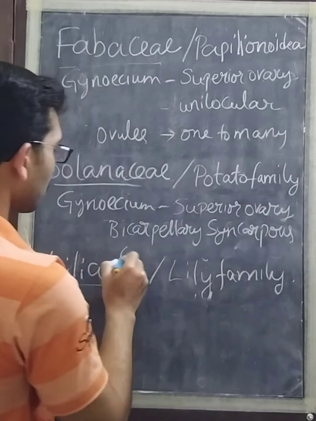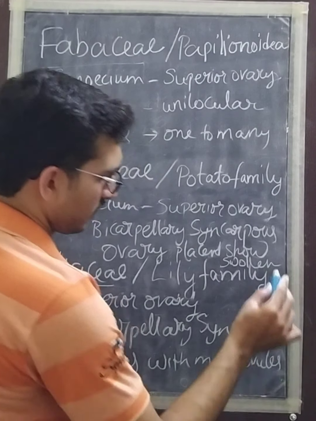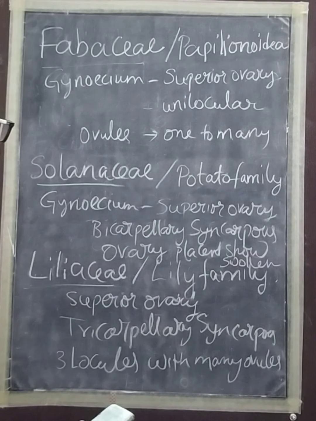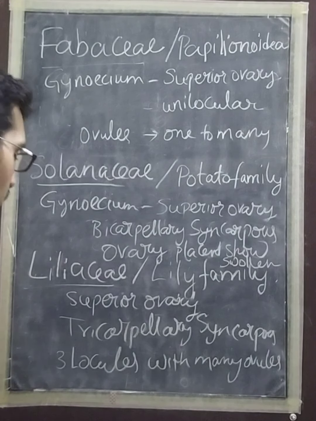Next, the Liliaceae family has a superior ovary, and it is tricarpellary syncarpous, with 3 locules and many ovules, and it shows axile placentation.